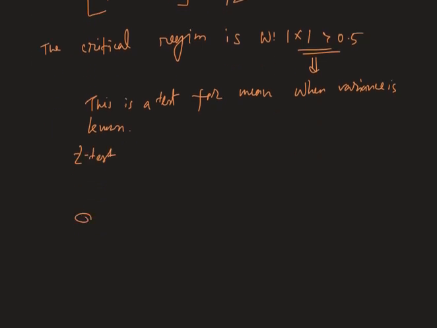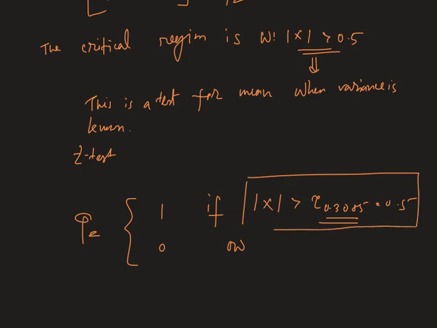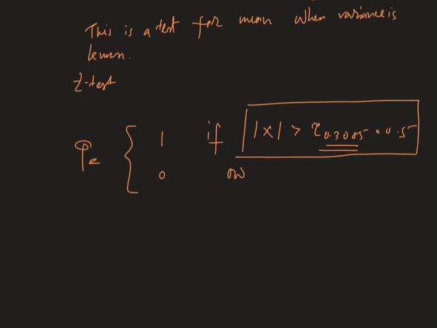So the testing criterion is 1 if modulus of X is greater than tau alpha by 2, that means 0.3085, and 0 otherwise, and the value of tau 0.3085 is equal to 0.5. So we get our critical region modulus of X greater than 0.5.